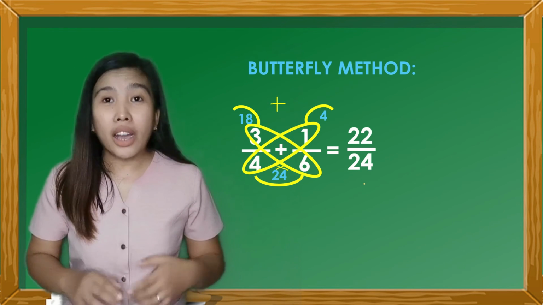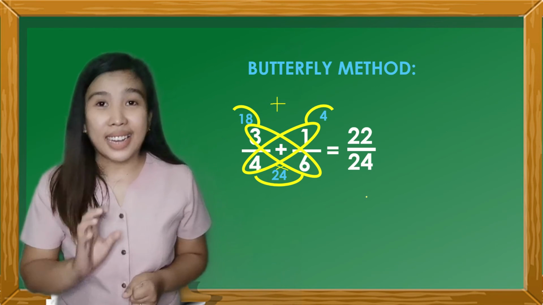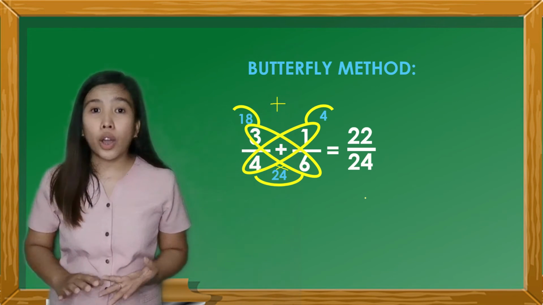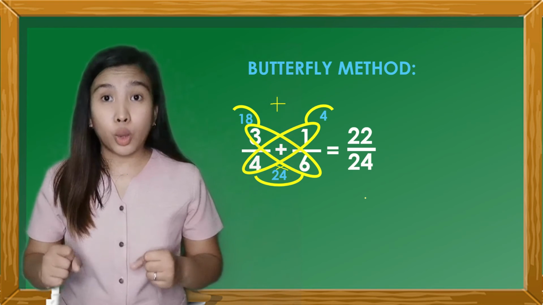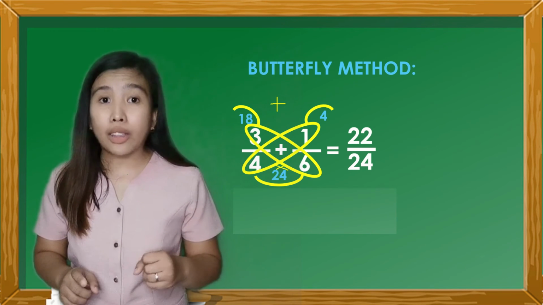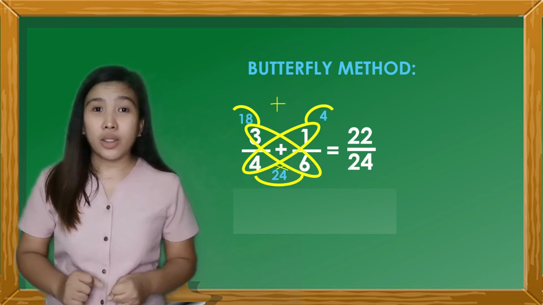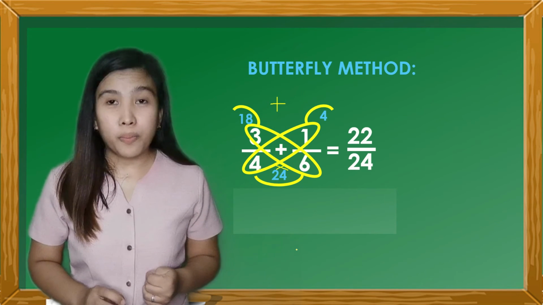So what are you going to do? Find first the greatest common factor of 22 and 24. What is the greatest common factor of 22 and 24? Okay, very good. That would be 2.